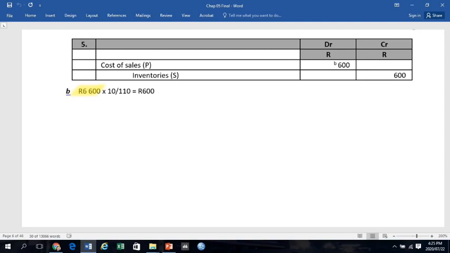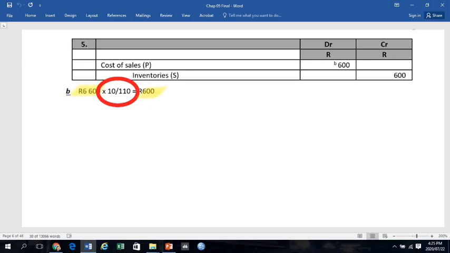How do I calculate the unrealized profit included in the 6,600? The 6,600 represents the cost price for S, the selling price for P. So I have to apply the markup that P, the selling entity, applies to get to the unrealized profit amount of 600 Rand. What do I want to achieve?